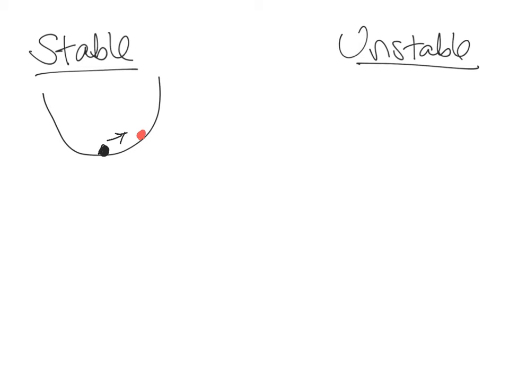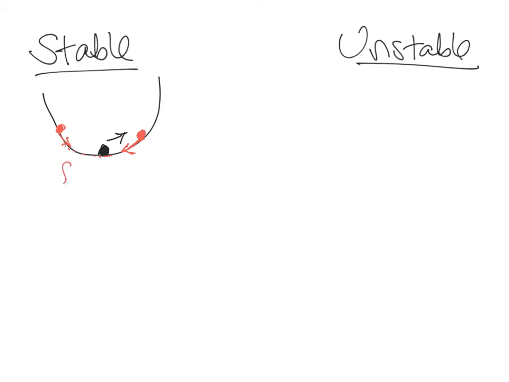So now, let's draw it in a different color. Okay, so now I want you to imagine that this ball is here. What does it feel, right? It feels a force that way, right? And then it'll go down that way, and then say it's up here, and it feels a force that way.